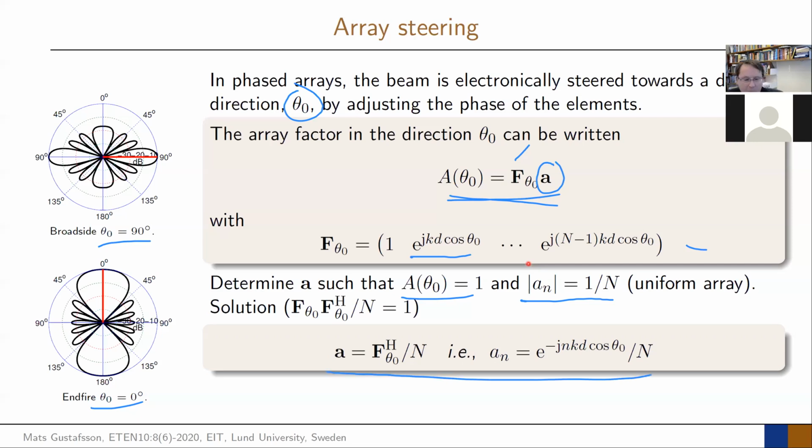So this is a mathematical way of doing exactly what I showed you in the illustration before, where I said I would change the phase of these elements with only the local distance that comes in. This is the distance between my receiver and my antenna elements. What I should do is basically phase conjugate it.